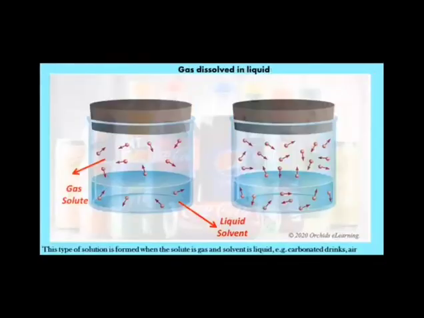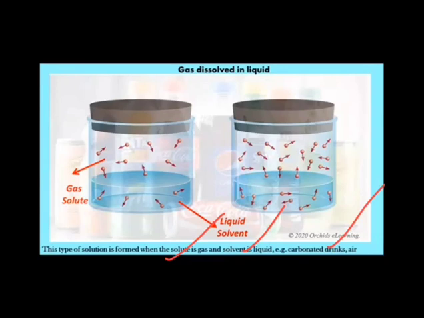We can also dissolve gases in liquids. This type of solution is formed when the solute is a gas and the solvent is a liquid. For example, carbonated drinks. If we dissolve gases in liquid, what do we get? We get carbonated drinks.